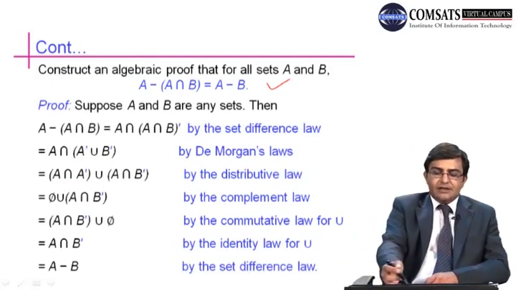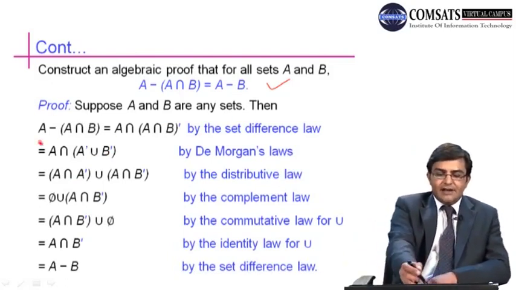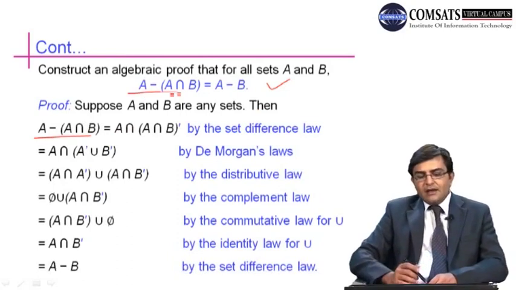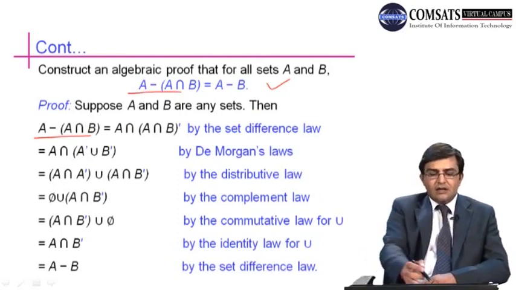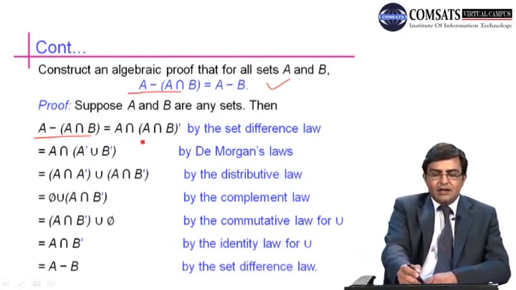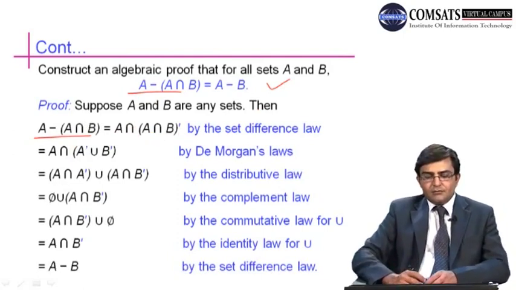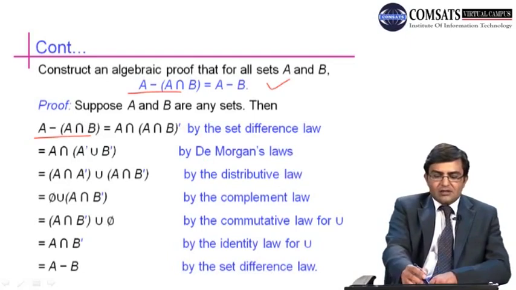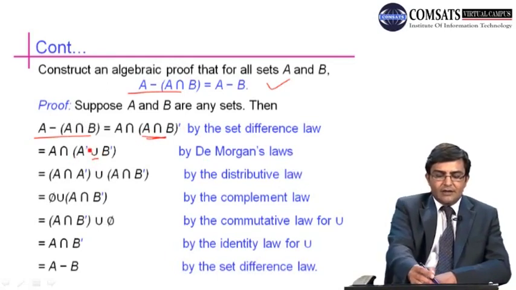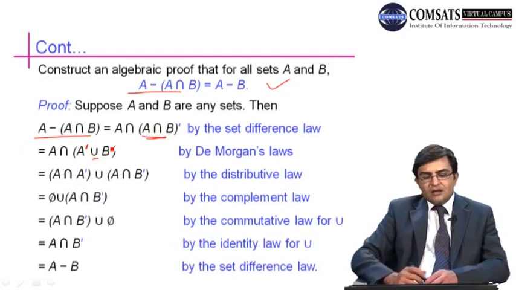Suppose A and B are two sets, then we take the left hand side here, and this is basically equal to A intersection (A intersection B) whole complement by using the set difference law. Now by using De Morgan's law, this intersection will become union, and we take the A complement and B complement. So we obtain A intersection (A complement union B complement).